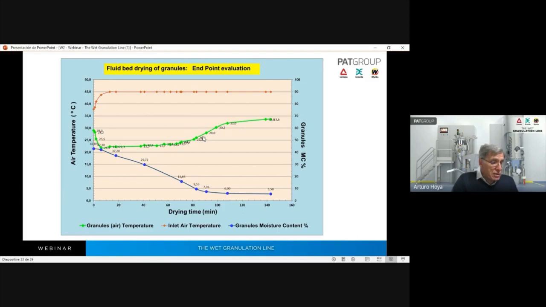And the moisture content of the granules is on the right axis, and is the blue curve. As you can see, the temperature of the drying air is constant, 45 degrees.